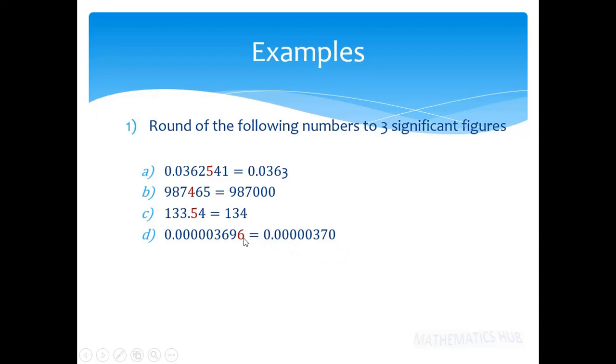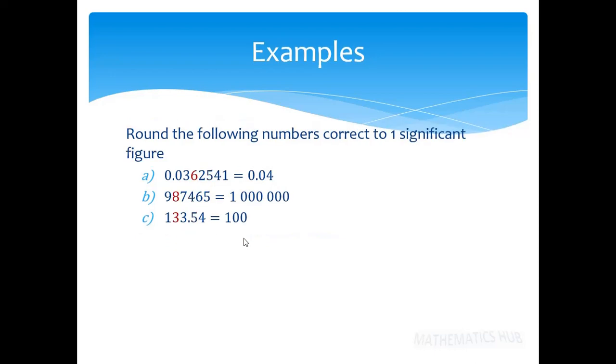I have another set of examples. This time around, we are rounding off the following numbers correct to 1 significant figure. The main concept is we first count from the first non-zero number that we are having, and the first non-zero number there is 3. We look at the next digit, 6. So we add 1 to 3 and we have 0.04.